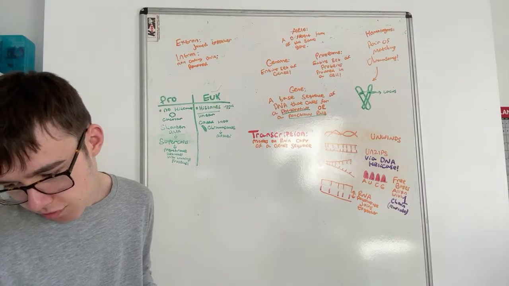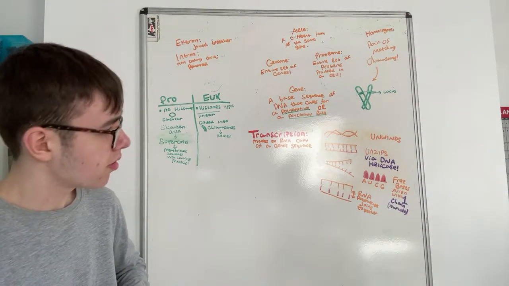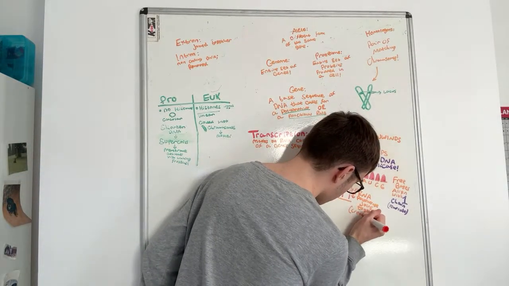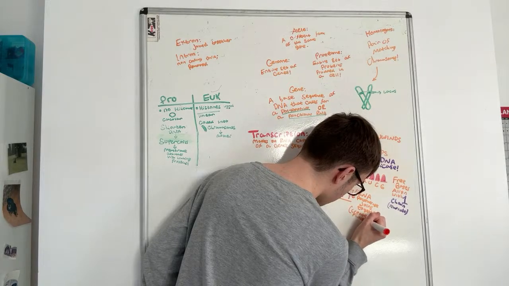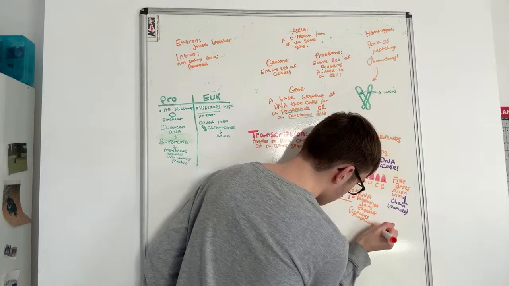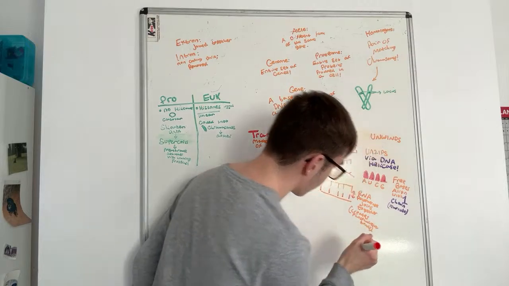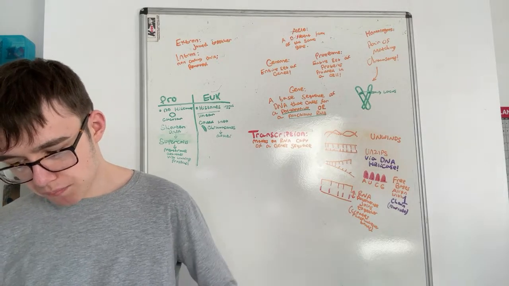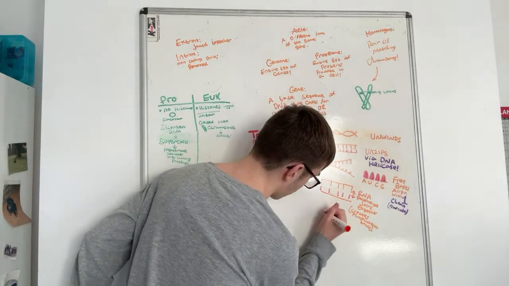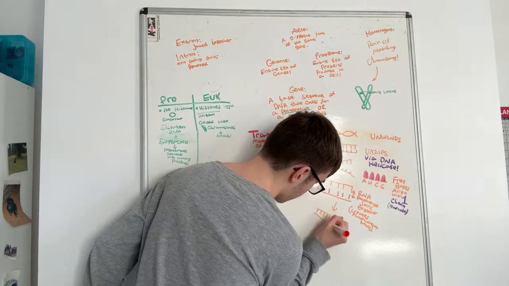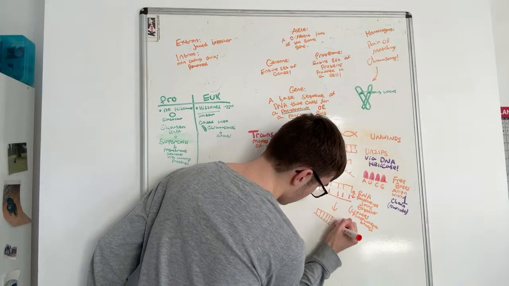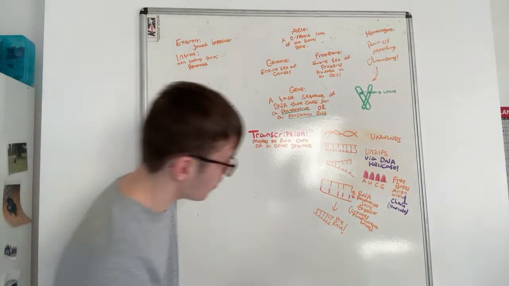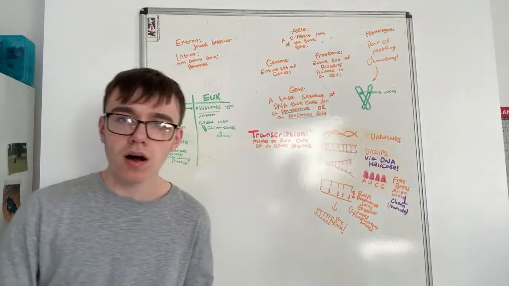RNA polymerase joins together the nucleotides by creating the phosphodiester bonds. So now it's called pre-mRNA. Okay.